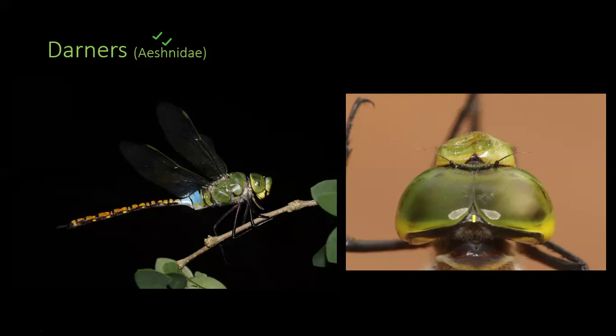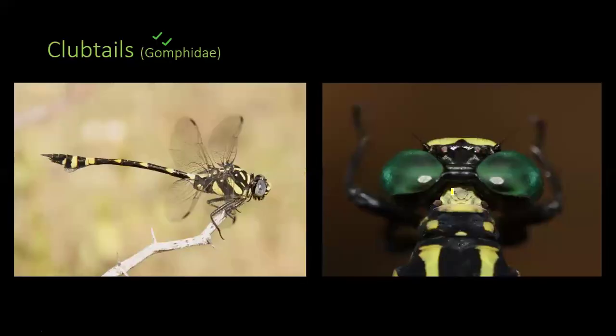The entire length of the eye is touching the other eye. So that long contact between the two eyes is a key character that we usually use to differentiate darners or Aeshnids from other dragonfly groups.